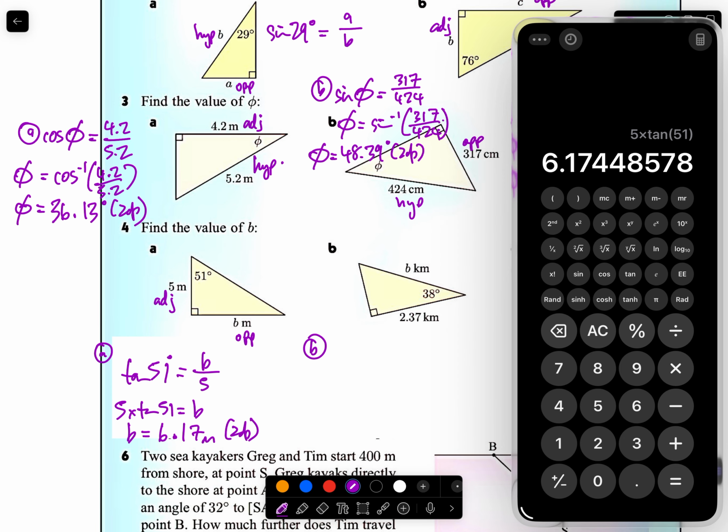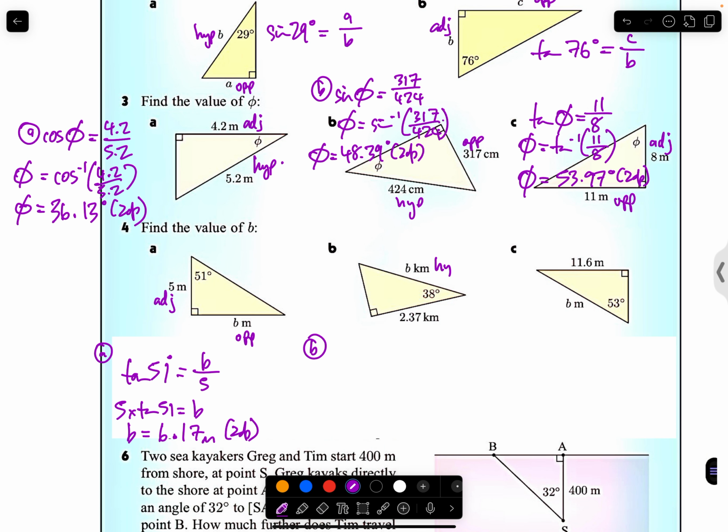That's A. B, this is hypotenuse, this is adjacent, so it's going to be cos 38 degrees is equal to adjacent, 2.37 over hypotenuse, which is B. Opposite of dividing by B is multiplying by B, so B cos 38 equals 2.37.